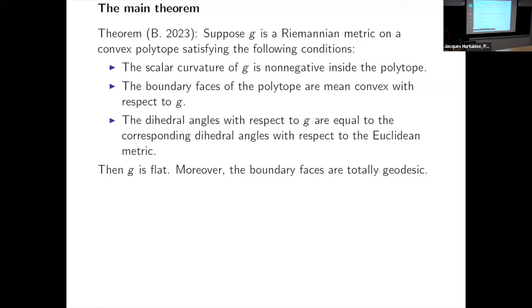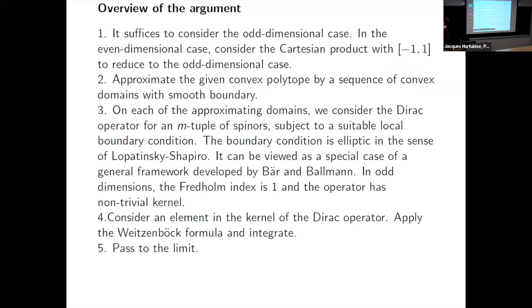So instead of inequality of angles, I'm assuming equality of angles. Under these assumptions, I can show that the metric g is flat and the boundary faces are totally geodesic. Okay, so let me tell you the essential ingredients in the proof of this result.